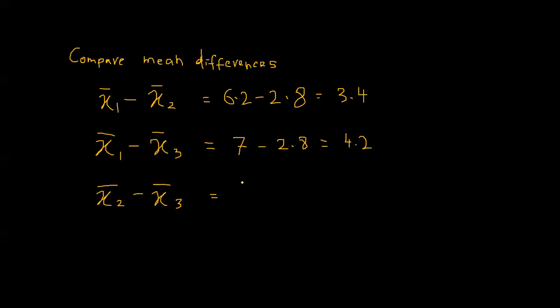Okay, the last comparison is between mean treatment 2 and mean treatment 3. That means between 6.2 and 7. So 7 minus 6.2, we'll get 0.8.